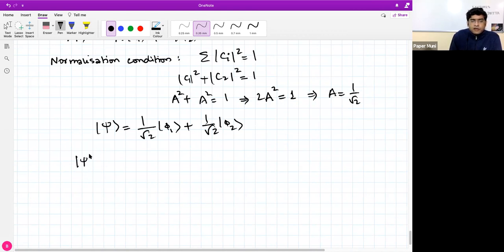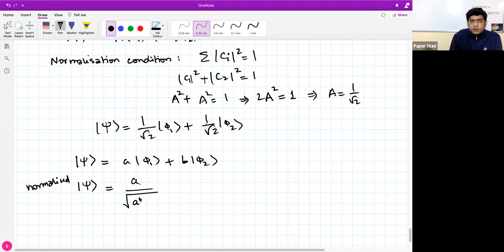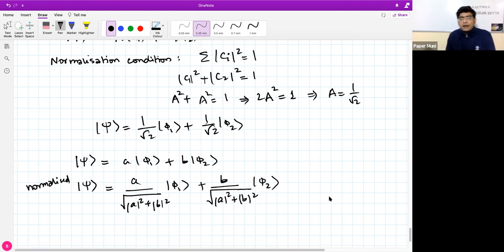If you have this state, with a phi 1 and b phi 2, and you want to write the normalized psi directly, you can write a divided by root over |a|² + |b|², since a is a complex number, and then b divided by root over |a|² + |b|², with phi 2. So you can directly write it like this.